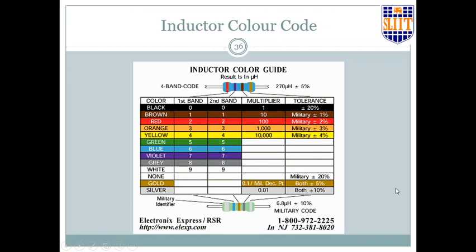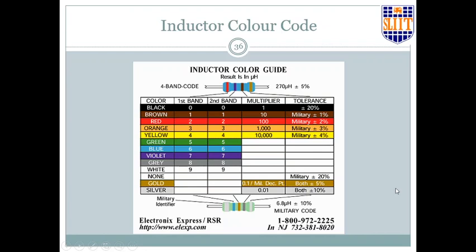But the value you read is in microhenries. Same technique, so I am not going to go into detail. Same color code, same number of colors, same values, but the value you read in resistors was in ohms, but this is in microhenry.